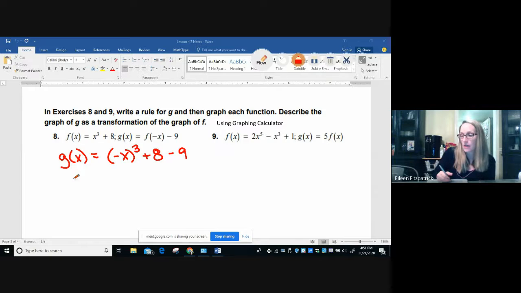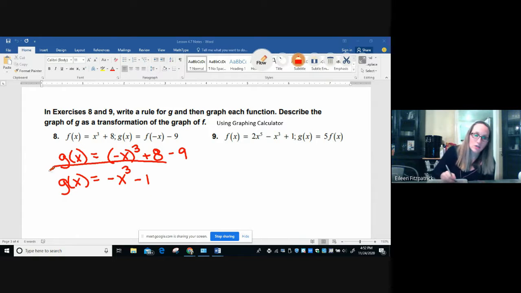Now I'm going to clean it up. If I have negative x cubed, that's a negative times a negative times a negative, so it's going to stay negative. So it's negative x cubed. And then plus 8 minus 9 simplifies down to negative 1. So that is your g of x function. And it does say to describe the transformation.